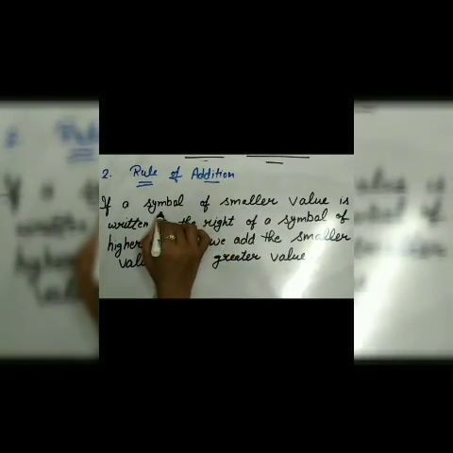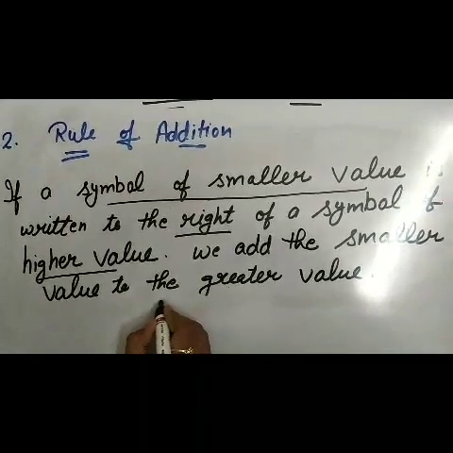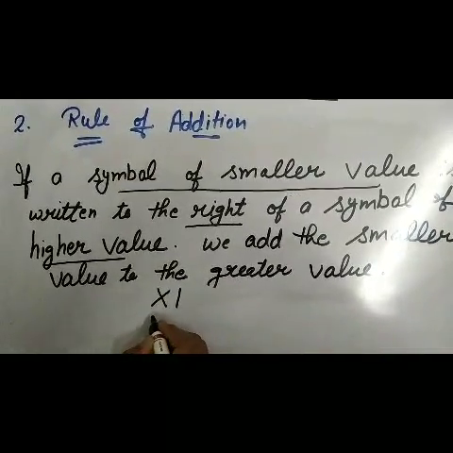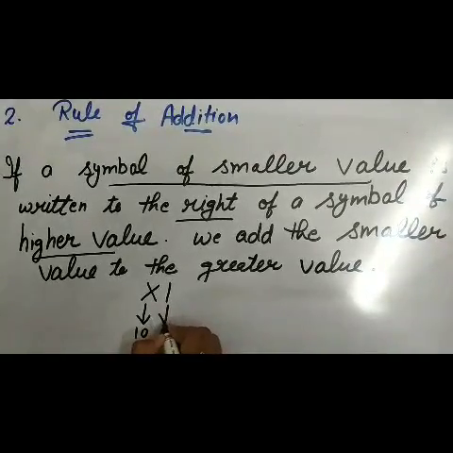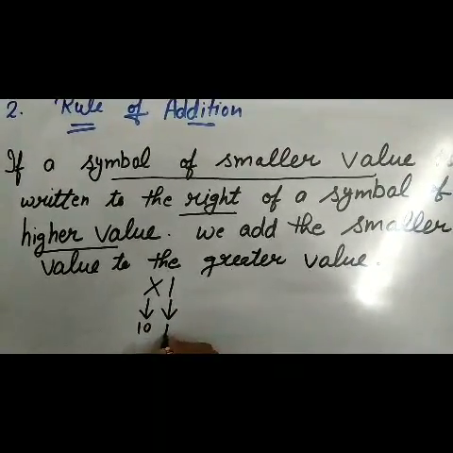Now see rule number 2, the rule of addition. What is the rule of addition? If a symbol of smaller value is written to the right of a symbol of higher value, then we add the smaller value to the greater value. Let's consider XI. X has a value of 10 and I has a value of 1.